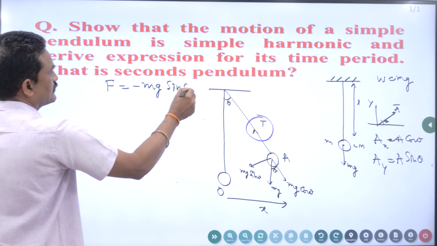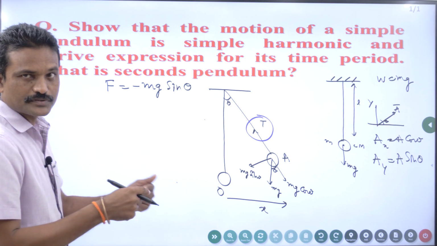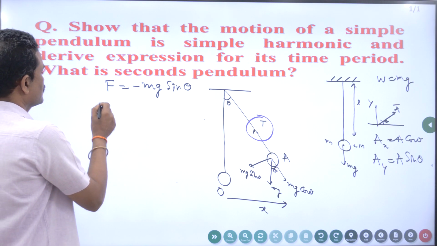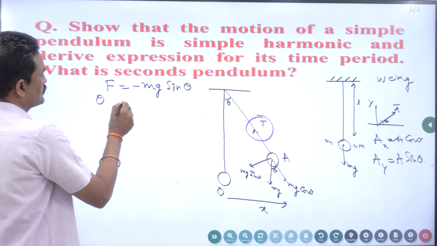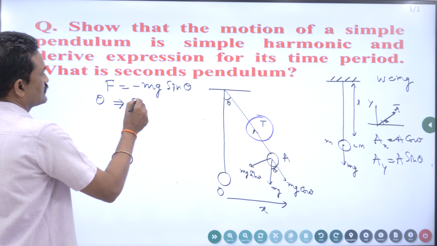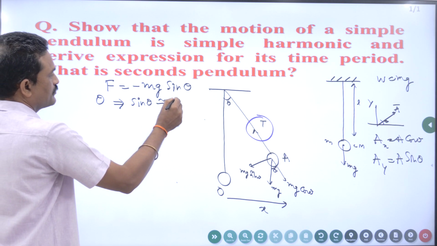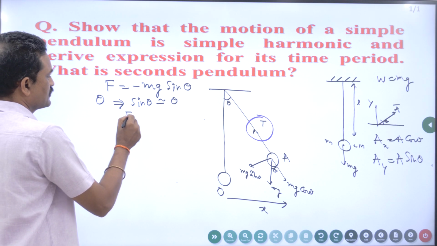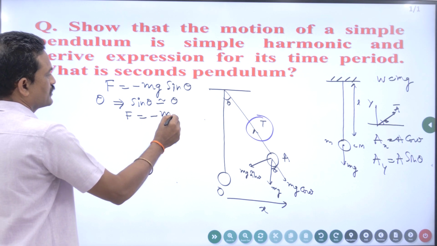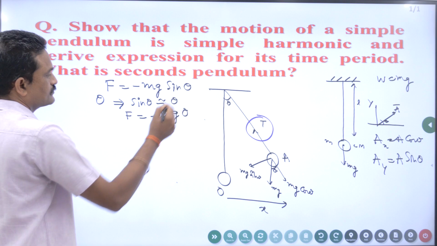Why minus sign here? They are in opposite directions. So theta is very small. So in that case, sin theta will have very small value. So you can replace sin theta by theta. So I can write F is equal to minus mg theta.